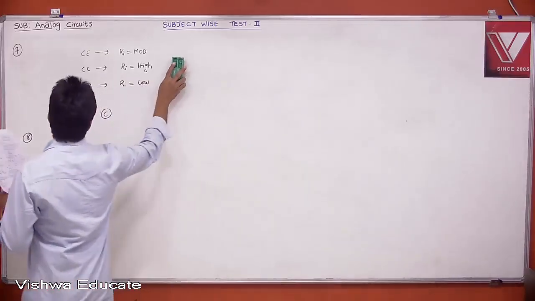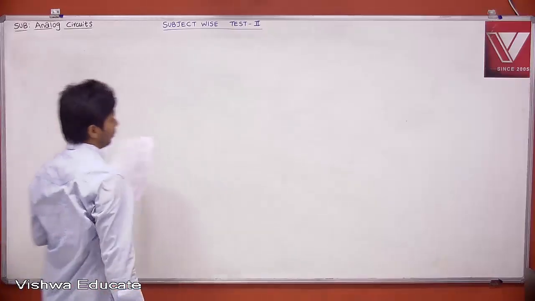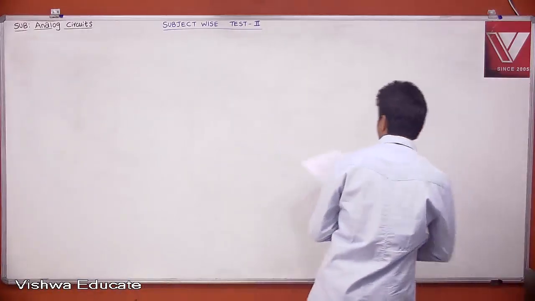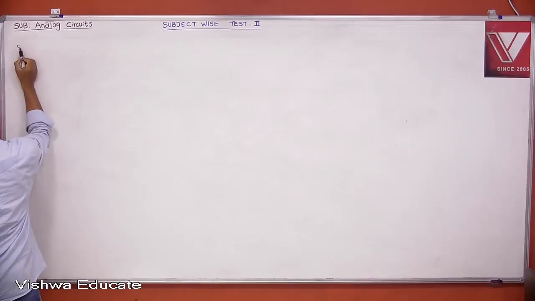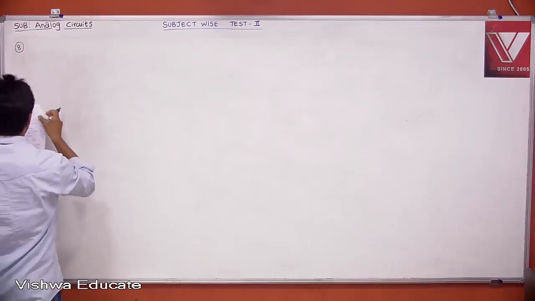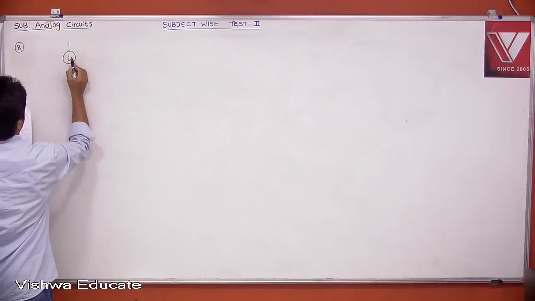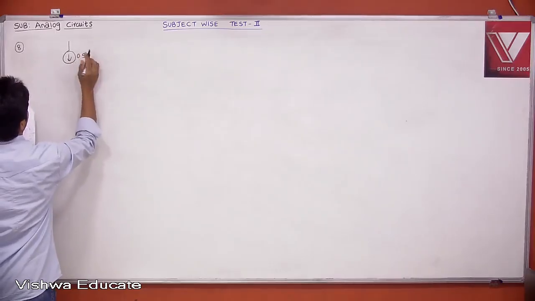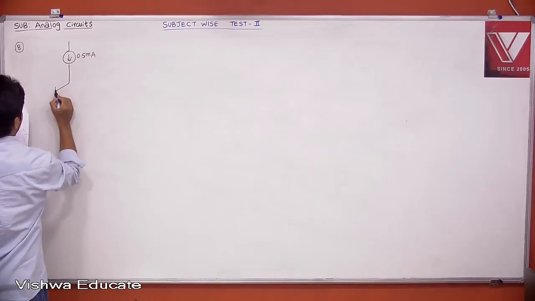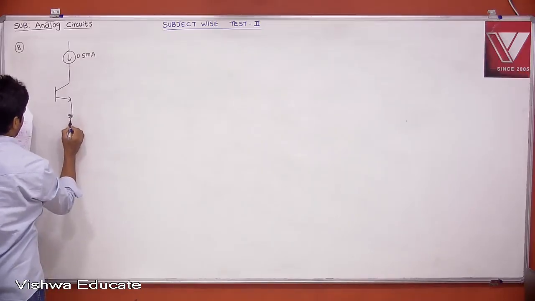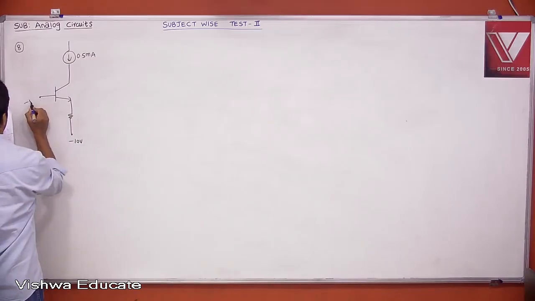Okay. Let's see problem number 8. The problem is, this is the circuit which has 0.5 milliampere, and minus 10 volt, minus 5 volt.